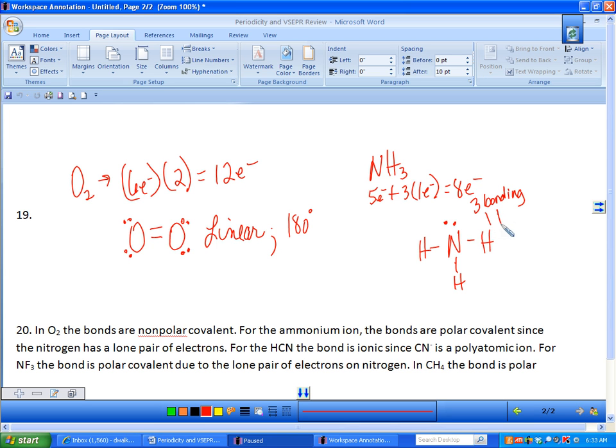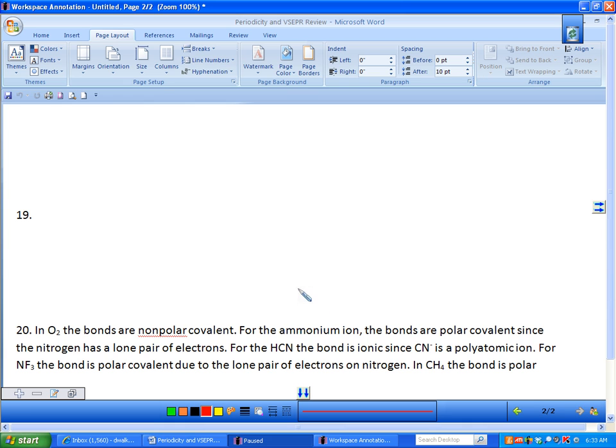And then I have that 1 lone pair. And when I look at that on my chart, that tells me that the shape has to be trigonal pyramidal. Trigonal, P-Y-R-A-M-I-D-A-L, pyramidal. And the angles are 109.5 degrees. All right, let's move on to the next one.